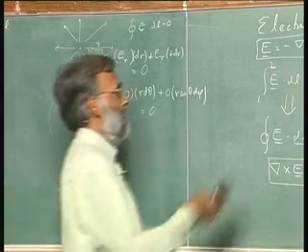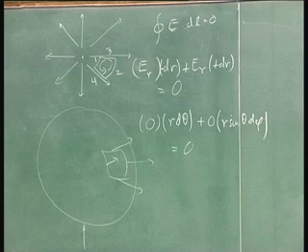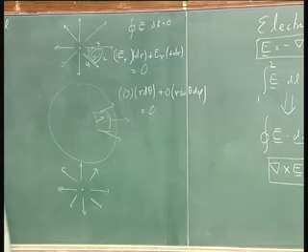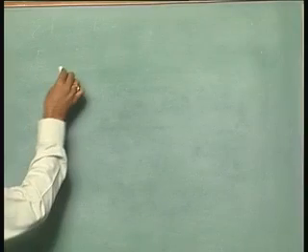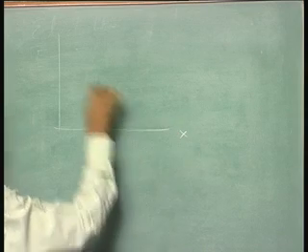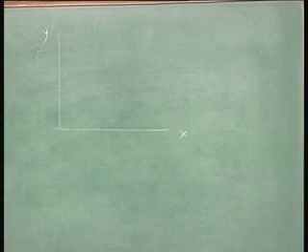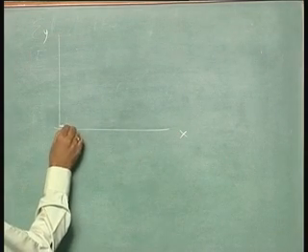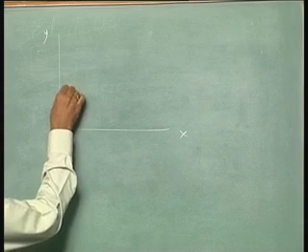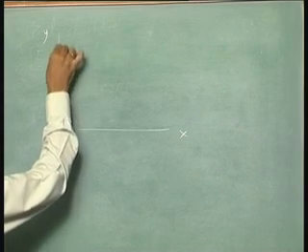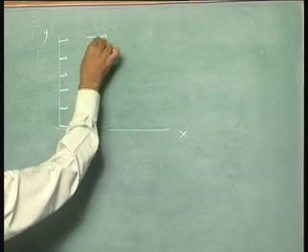Now, let us go for a case where there is curl. Let us try and understand what sort of field can give me curl. First, let me again look at a case where it does not. I am going to go to Cartesian. This is x, this is y, and let us say I have a field which is uniform in y and growing.